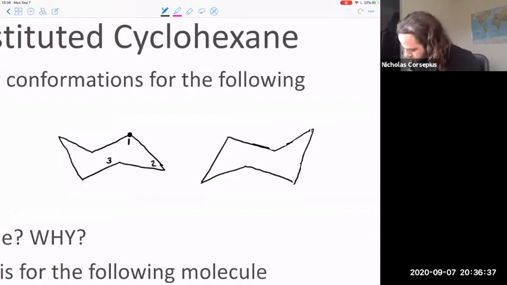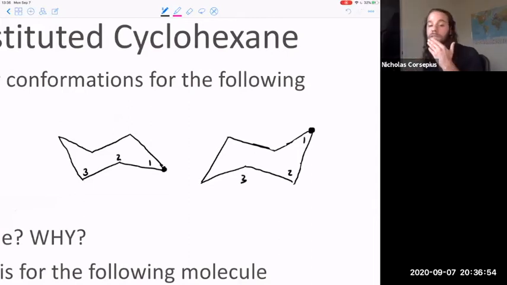Actually, I lied. Start over there. So 1, 2, 3. This one, since it was down, it has to be up on this structure. 1, 2, 3. So make sure you're picking the correct carbons and interpreting that. If it was up in one structure, it has to be down in the other one, and vice versa, after the flip.